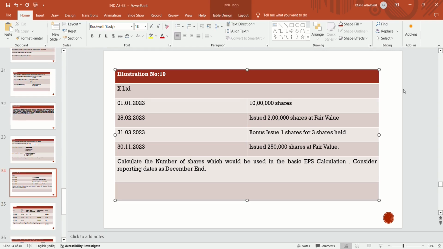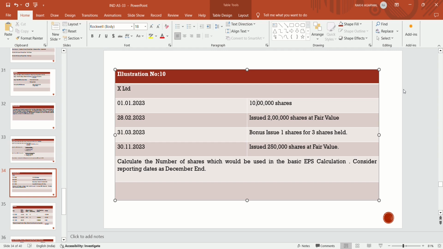Now illustration number 10. X Limited is an entity which makes its financials from 1st January to 31st December. On 1st January 2023, the entity has an opening number of shares of 10 lakh. On 28th February 2023, they issued 2 lakh shares at fair value.